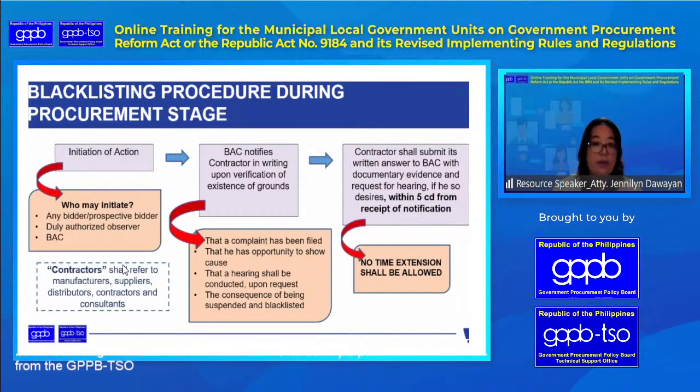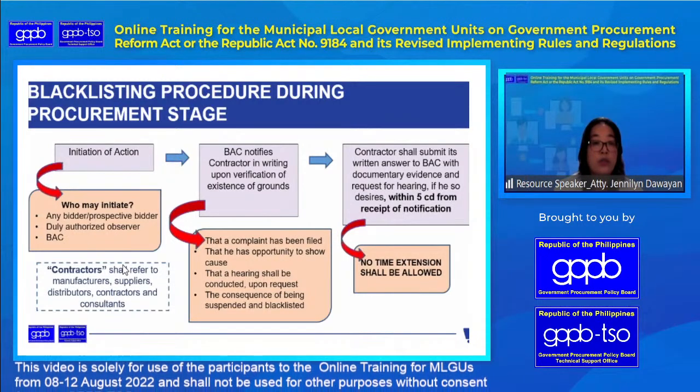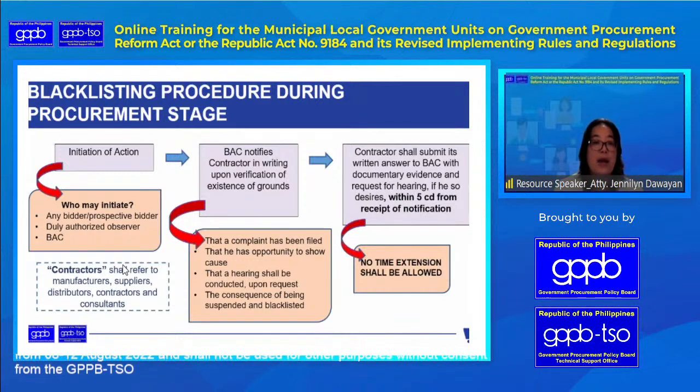I-verify niya yon. And then, of course, an indication doon sa notification po, nakalagay din po doon that you have the opportunity to show cause why you should not be blacklisted, and then a hearing will be conducted upon request by the contractor if he so desires, no?